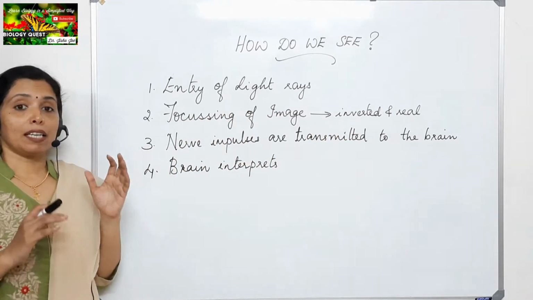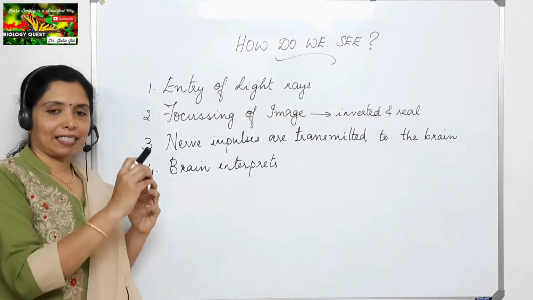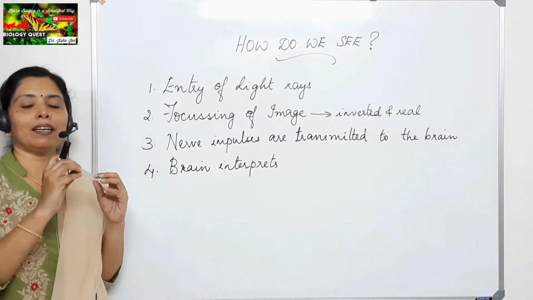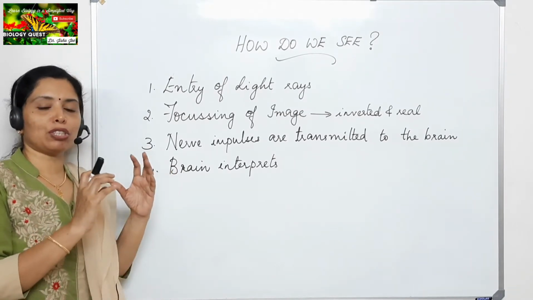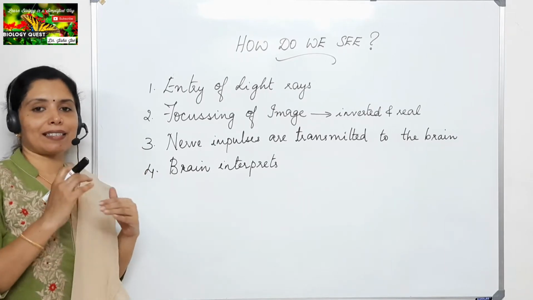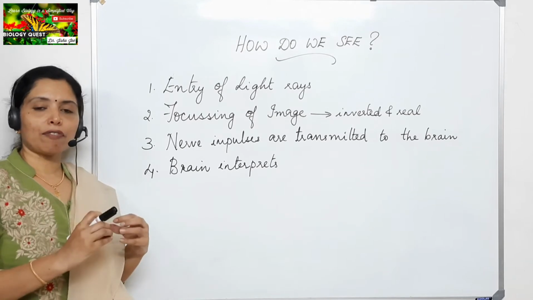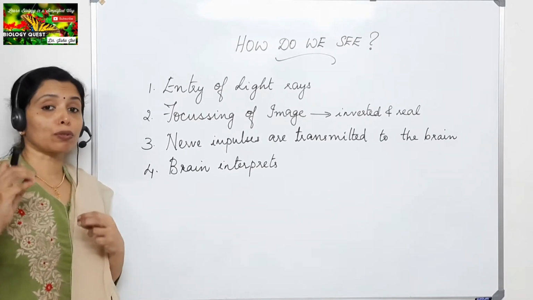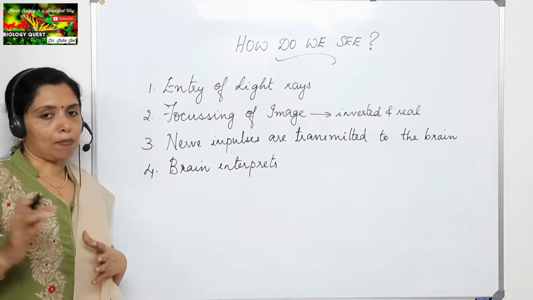Third step, nerve impulses generated on the retina due to this light energy are transmitted to the brain. The light energy which falls on the retina creates chemical changes in the sensitive cells present on the retina, and this generates nerve impulses which are transmitted through the optic nerve into the visual area of the brain.